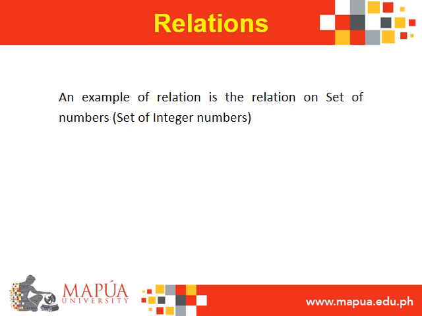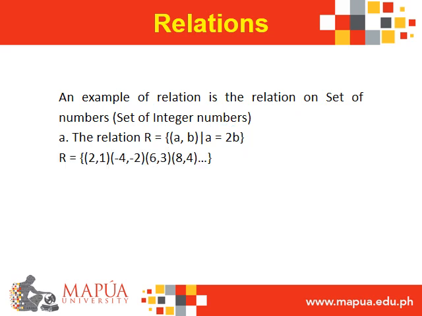An example of a relation on a set of numbers usually appears in this particular form, whereby an element a, taken from set A, is paired together with another element b taken from set B. In this case, the relation is given by this property, whereby the value of a is equal to twice the value of b.